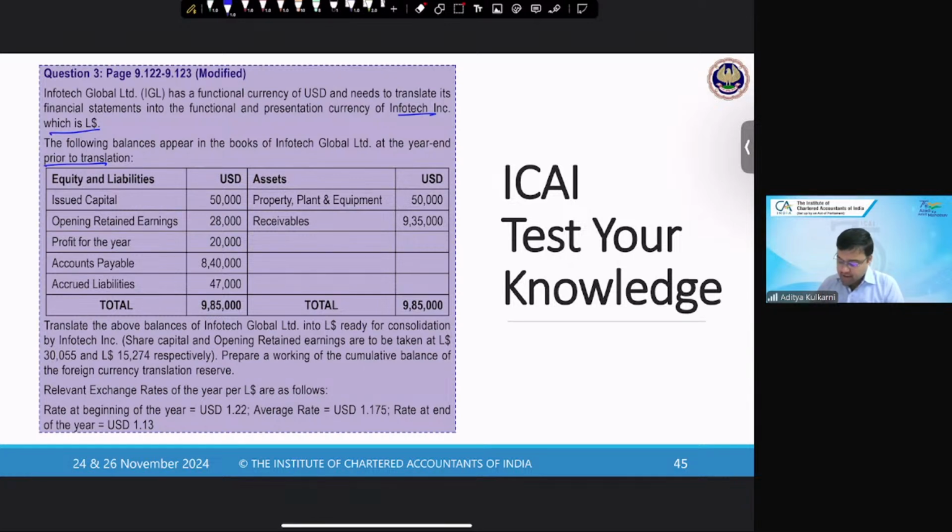Translate the above balances of Infotech Global into L dollars ready for consolidation by Infotech. Share capital and opening retained earnings are to be taken at 30,055 and 15,274 L dollars respectively. Prepare a working of the cumulative balance of FCTR. Relevant exchange rates are given: at the beginning of the year, average rate, and end of the year.